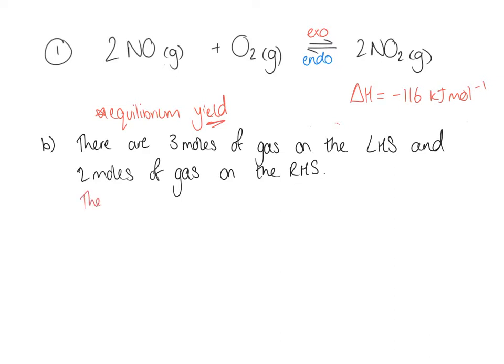So the equilibrium position will shift to the right hand side. And then, because the question has asked me about the yield, we need to make that point that it increases the yield. So equilibrium position will shift to the right hand side, increasing the yield.